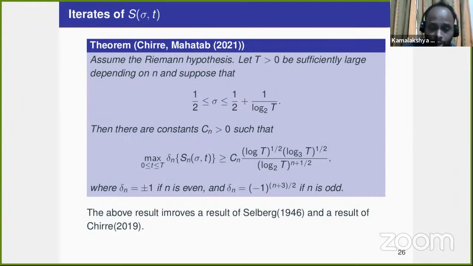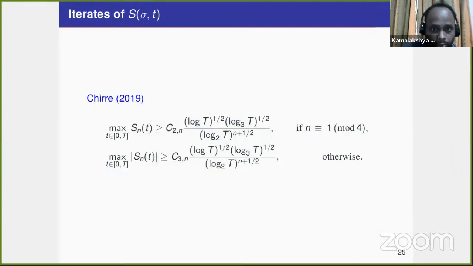Let's say even for S_1, find large values of order (log t)^(1/2) divided by (log log t)^(3/2). So prove that minus S_1(t) is this large. This is one open problem, and the same for n congruent to 3 mod 4.